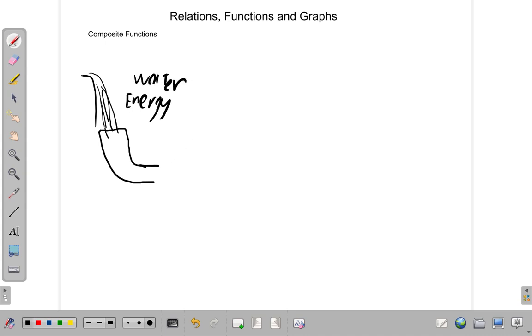Now, you have the turbine blades and you have a generator. You have a generator somewhere outside here. Then you have the electric wires coming out. And you have a different function to determine the energy put out through the electric wires from the generator and the turbine combined.